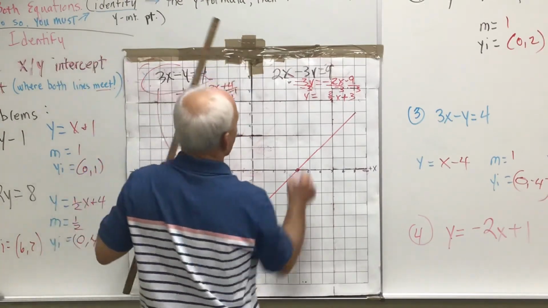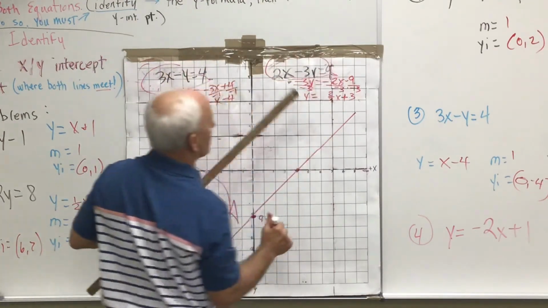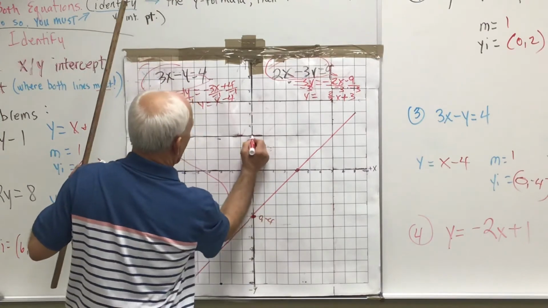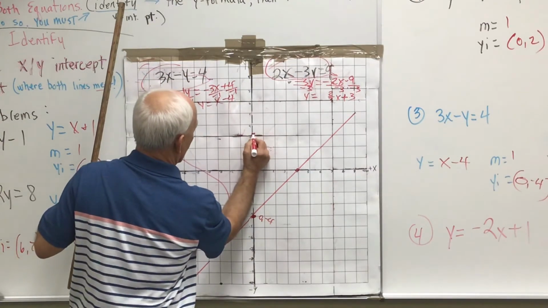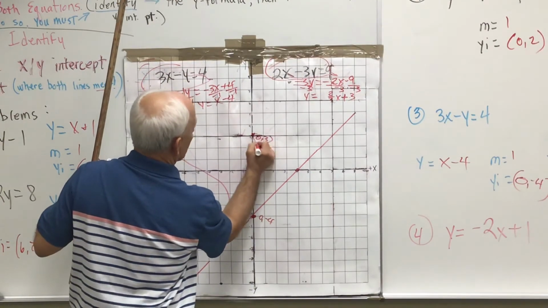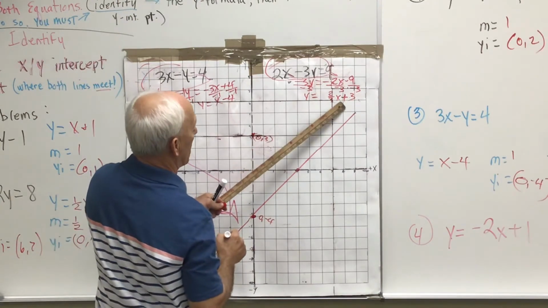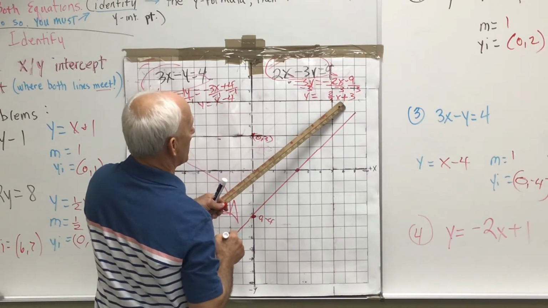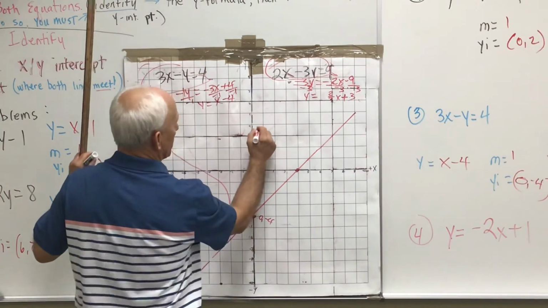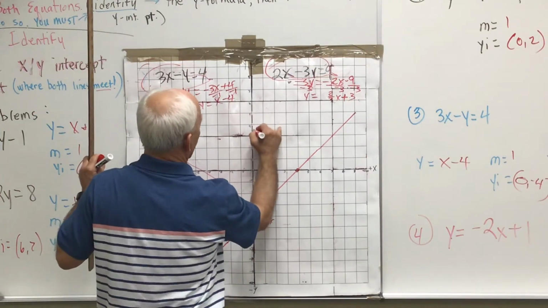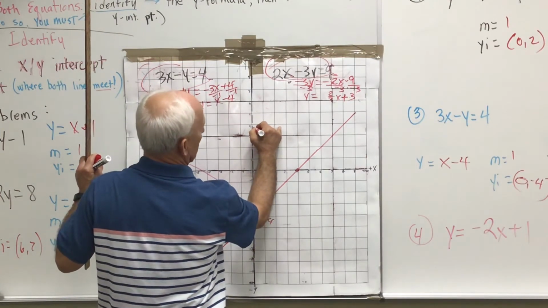This one here, let's see what we're going to do, okay? We're going to start at +3, right? 0, 3. Now, we're going to go positive what? We're going to go up 2 over 3, right? Is that what we're going to do?